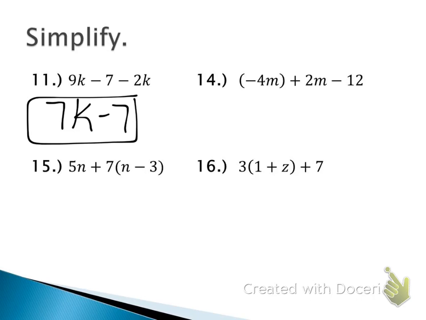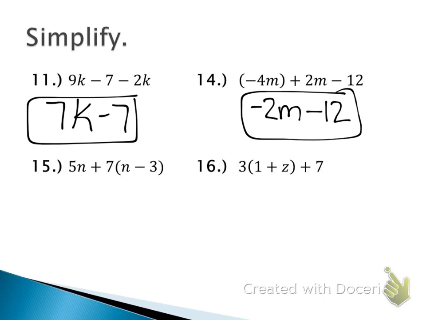Close. Negative 2m. Remember, if the signs are different, we subtract the values and keep the sign of the number with the bigger value. What happens with this minus 12? It just comes down. There's nothing to combine with it, so it's just part of our answer. Questions about 14?